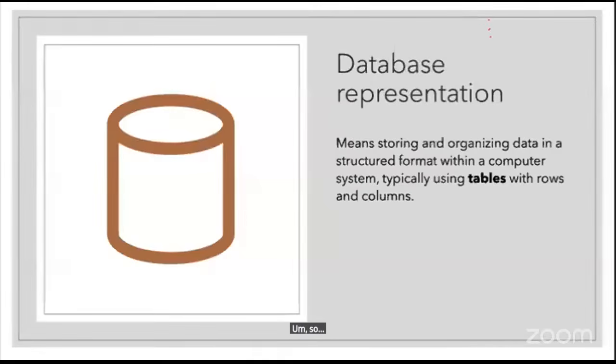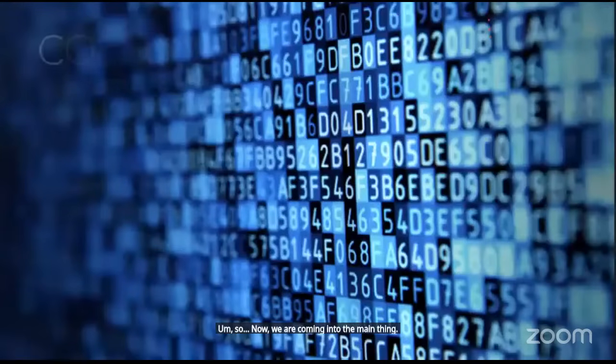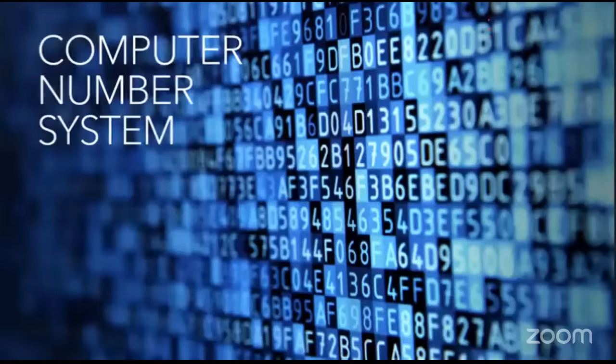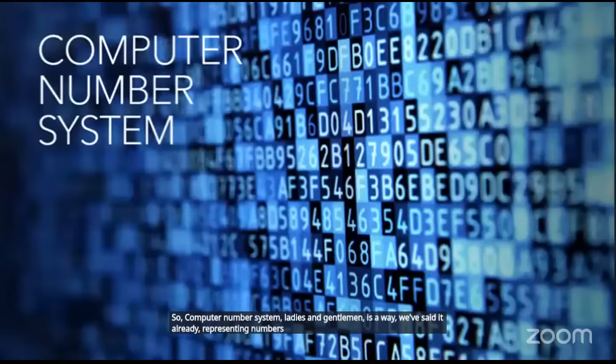Now we are coming into the main thing. We have not even entered, you're already shaking. The number system. Computer number system, ladies and gentlemen, is a way, we've said it already, of representing numbers in a format that computers can understand and process.